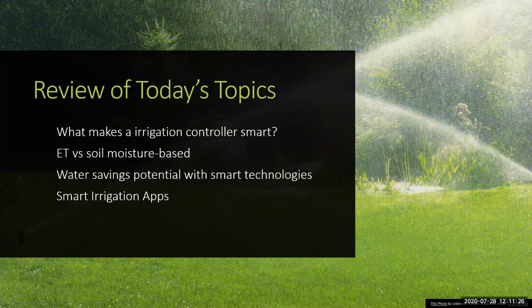We looked at the two basic types, the ET or evapotranspiration versus the soil moisture-based controllers. We looked at water savings potential with these smart technologies, and we looked at the Smart Irrigation Turf app and some other irrigation apps associated with different controllers that can help you save water.